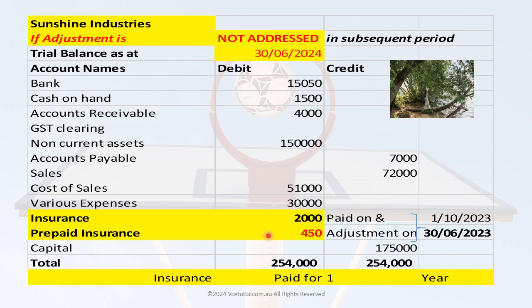On that date, we have to pay insurance for the following 12 months. I took a marginal increase of $200 to make it $2,000 as the total money paid on that date. And this $2,000 paid was not adjusted with any prepaid insurance we recognized on 30th June 2023. So the prepaid insurance on 30th June 2023 will appear as a balance on the debit side.